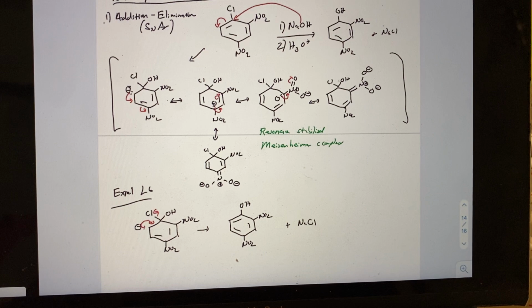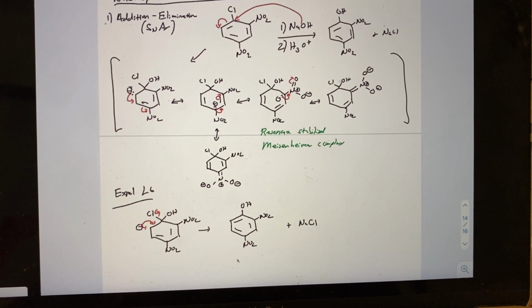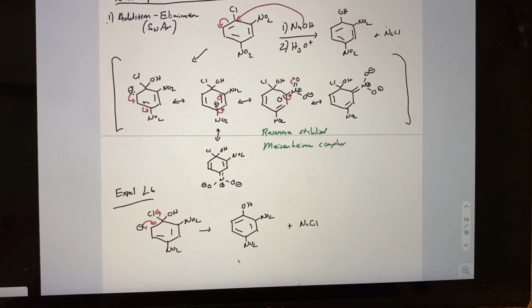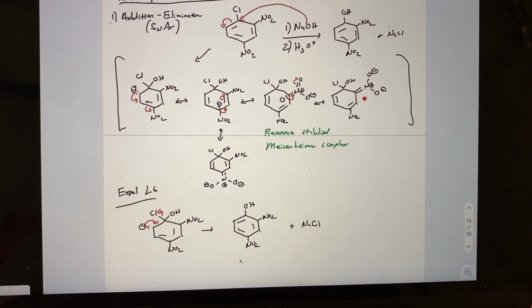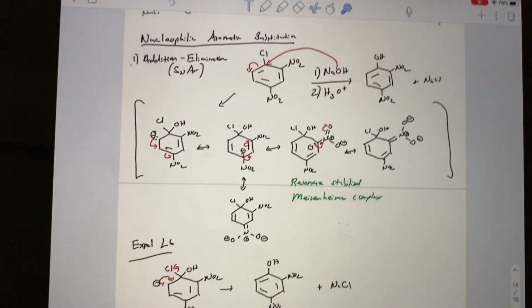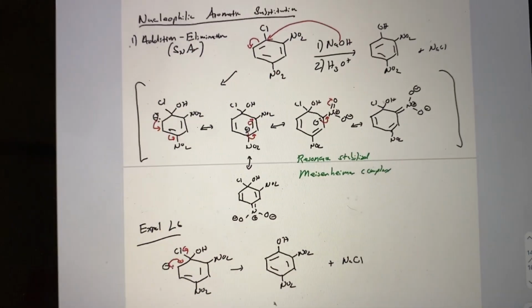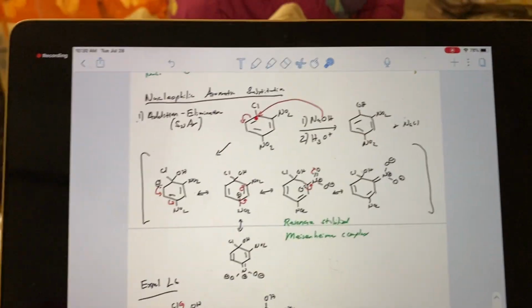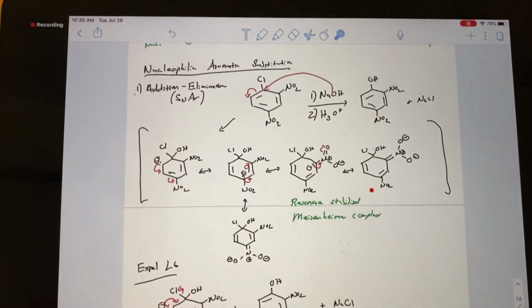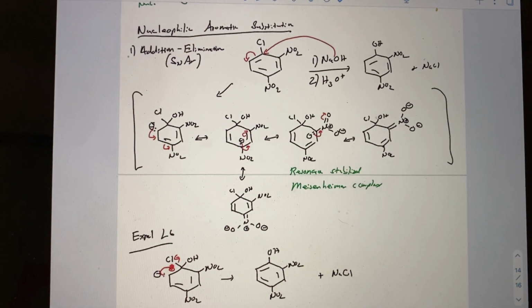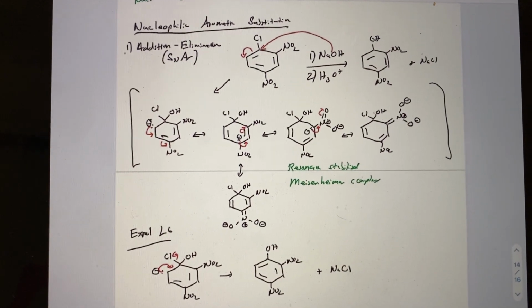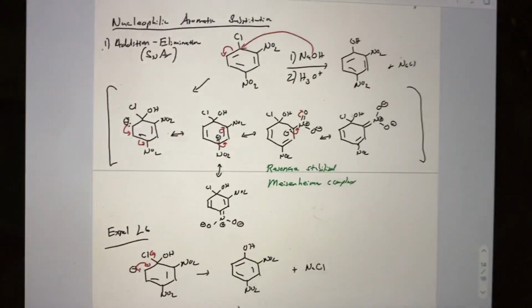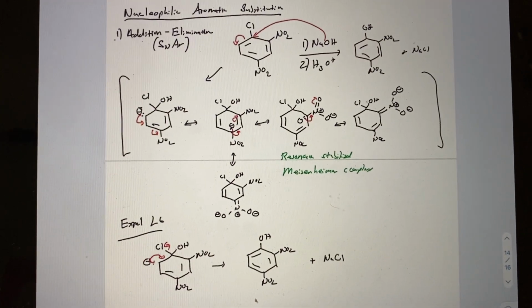And you need something electron withdrawing at either ortho or para or both, as I mentioned. The reason for that is that they participate in resonance stabilization as well, which is the nitro group here on the right. And this mechanism is known as addition-elimination because the hydroxyl group is first adding, generates the Meisenheimer complex, and then we eliminate chloride down here at the very bottom to restore the aromaticity. Okay, so that's a new reaction.